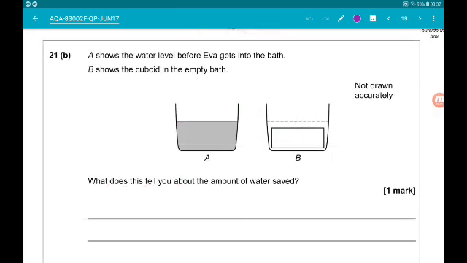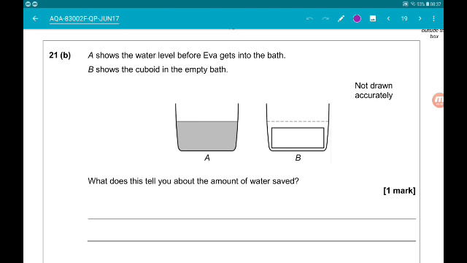Okay, then for part B, A here shows us the water level in the bath before Eva gets in. B shows us the cuboid used in part A. So we can see that the cuboid that we used is actually smaller than the actual volume of water. Now we are asked, what does this tell you about the amount of water saved?